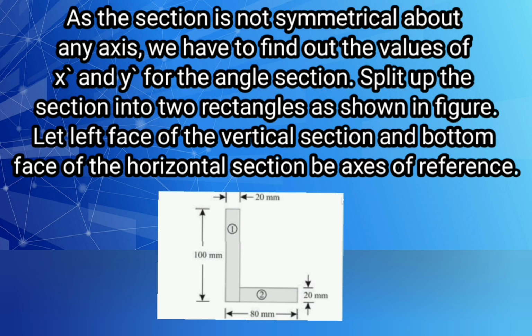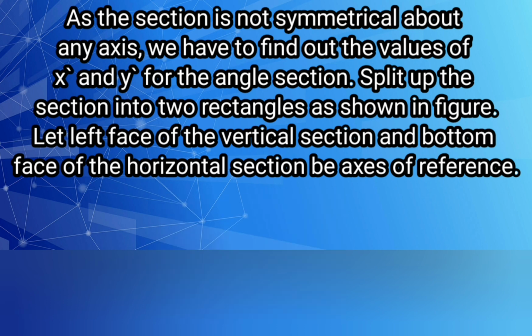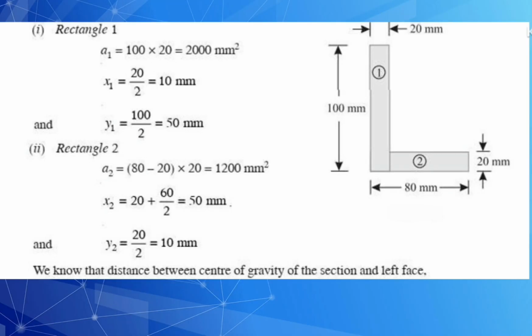Let the left face of the vertical section and the bottom face of the horizontal section be the axes of reference. First, for rectangle 1, A1 is equal to 100 into 20, which is equal to 2000 millimeters square. X1 is equal to 20 by 2, which is equal to 10 millimeters. And Y1 is equal to 100 by 2, which is equal to 50 millimeters.